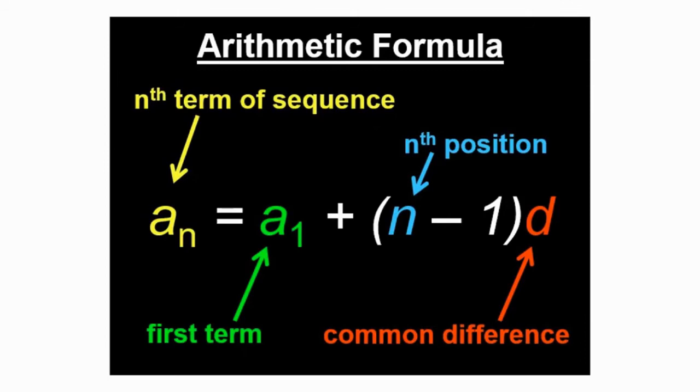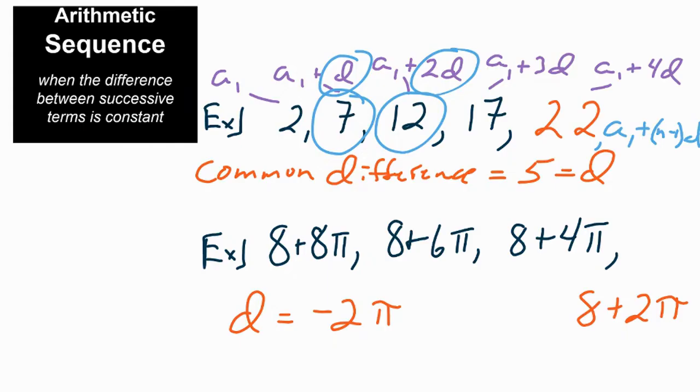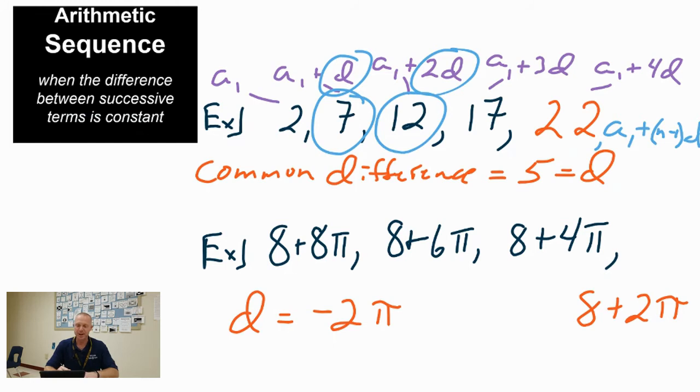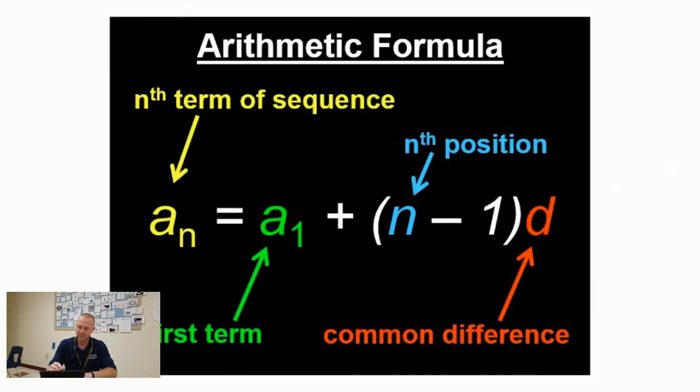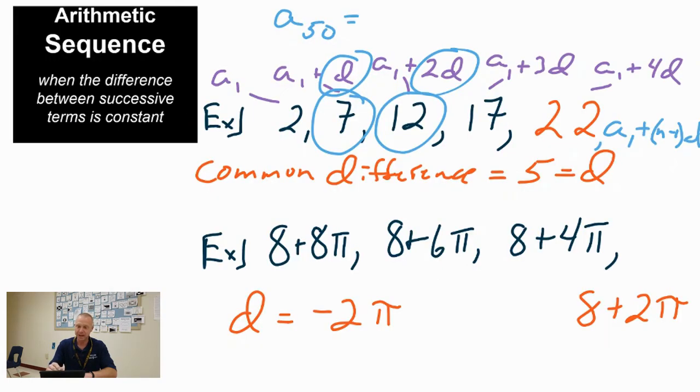So, what if I wanted to find, like, the 50th term of this example? I'm sort of running out of space here a little bit, but to help you see that, I could say that a sub 50, the 50th term, is going to come out to be the first term, which is still 2, plus, well, 50 minus 1, n minus 1, times that common difference of 5.